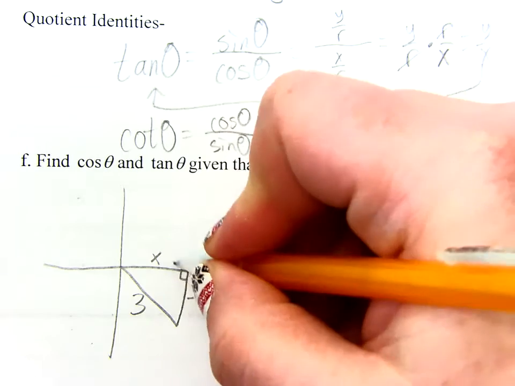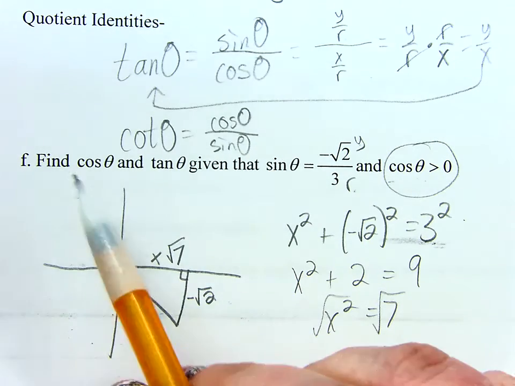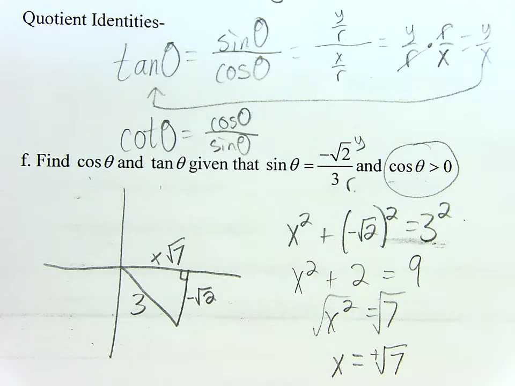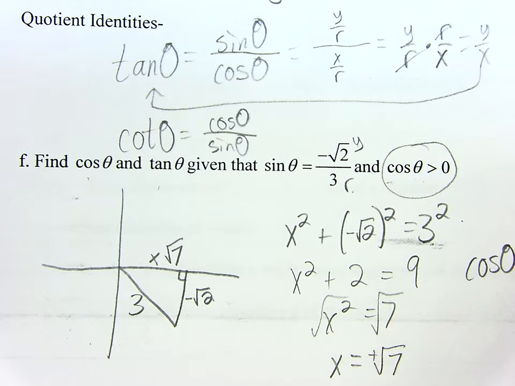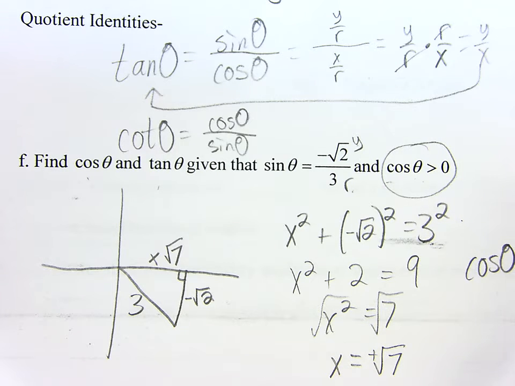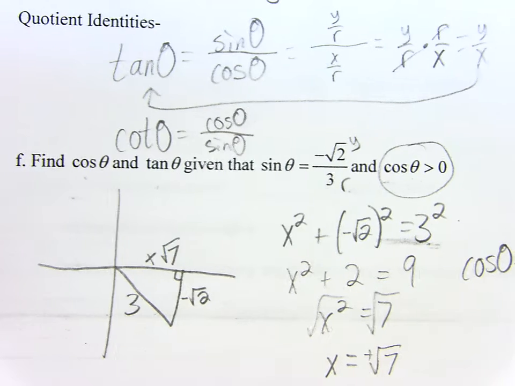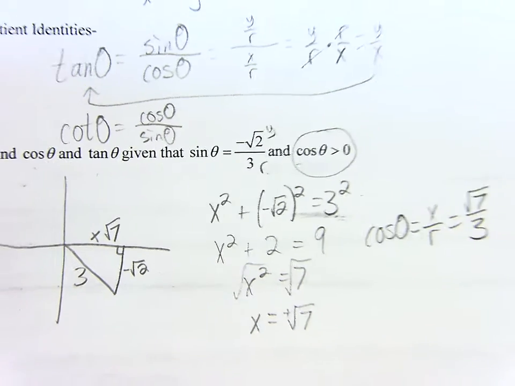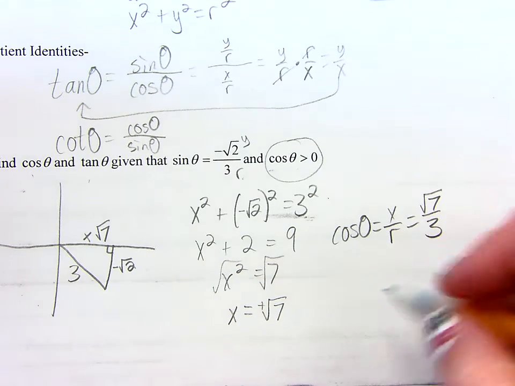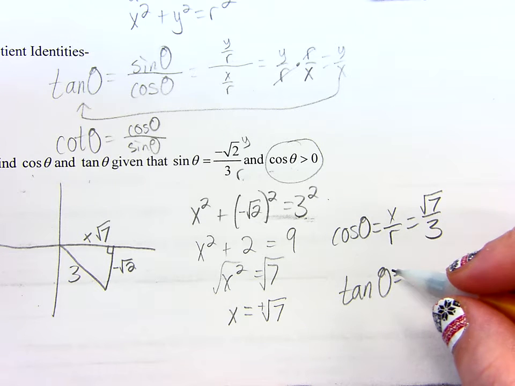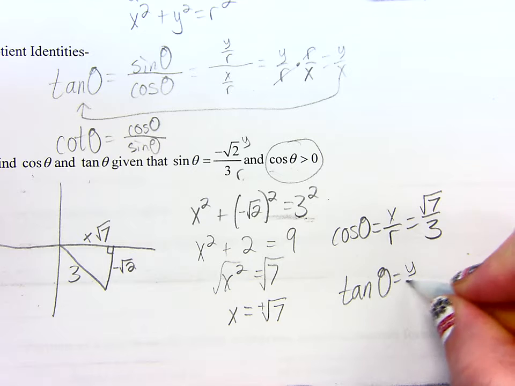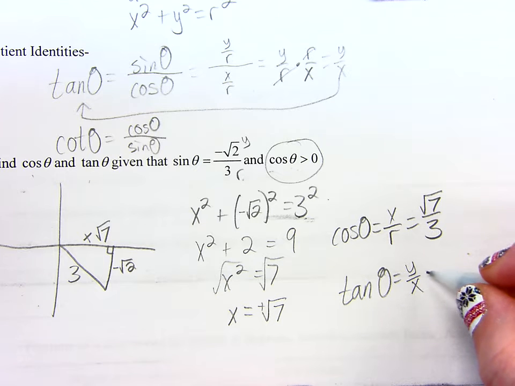So now that I know that x is the square root of 7, I can go ahead and find cosine and tangent, and anything else I needed to find. So cosine is x over r. So that would just be square root of 7 over 3. And then I also had to find tangent. And tangent is y over x.